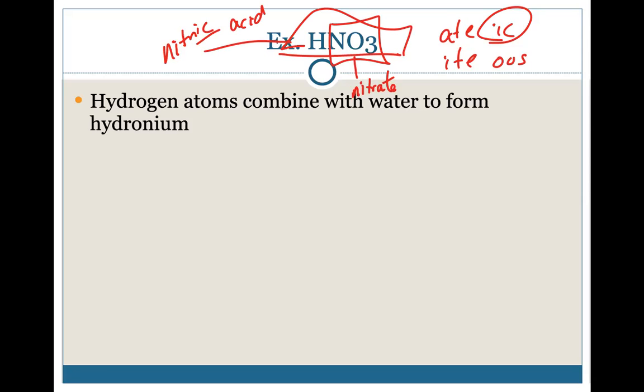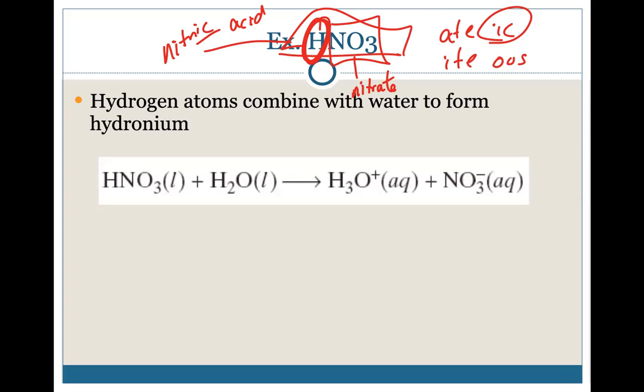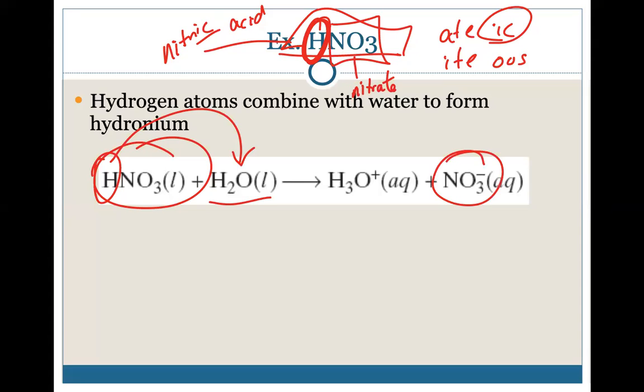So when you put HNO3 with water, this is what's called the acidic hydrogen that is going to combine with water to form hydronium in this equation. So you've got HNO3 liquid plus water liquid, and then this hydrogen is going to bond with water, and you're going to leave the nitrate ion behind and form hydronium.